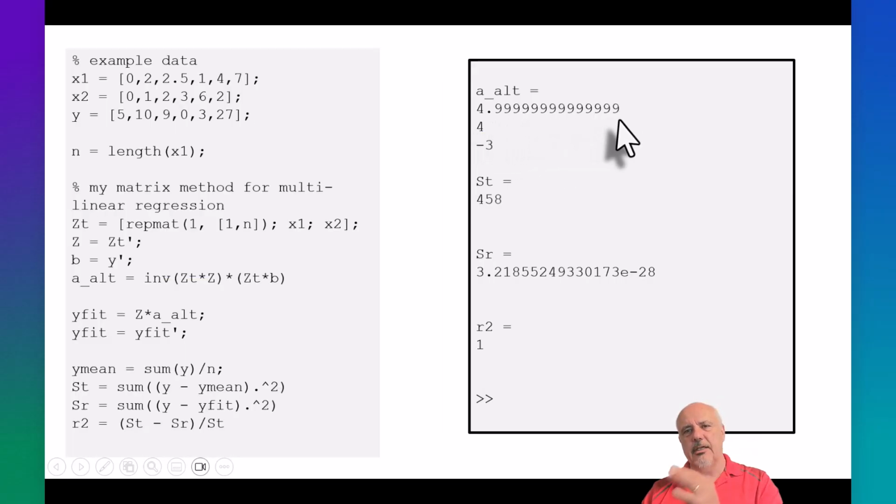I printed it all the way to the 16th decimal place, and so essentially 5, 4, and -3. So I got the same thing. The ST is 458. Look at the SR. It is effectively 0. So my R squared ends up being 1, which says that multilinear regression was a perfect fit.